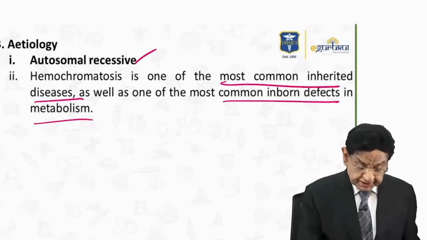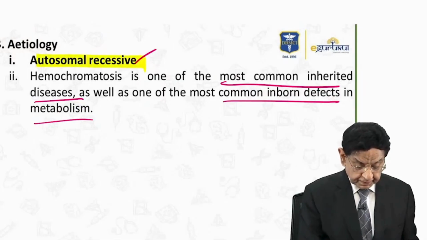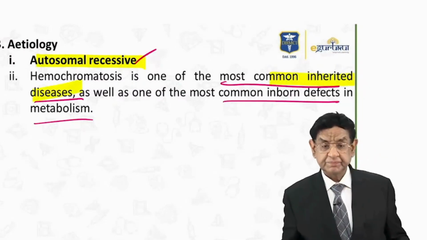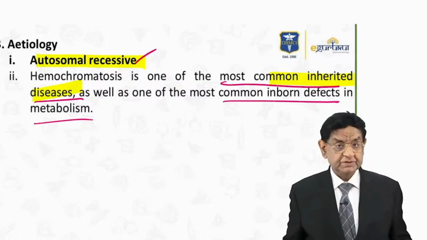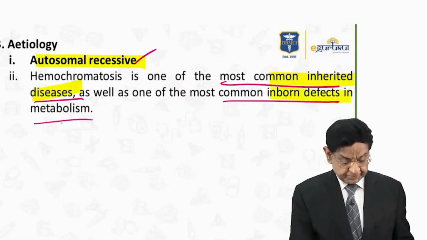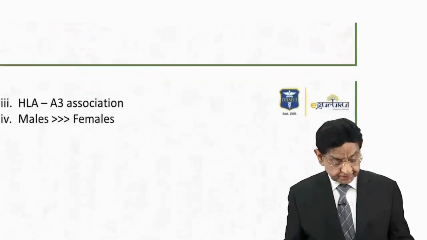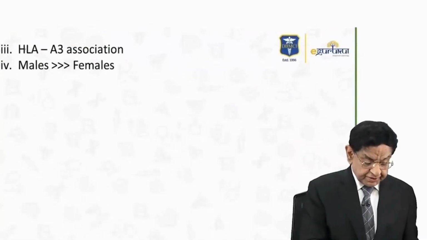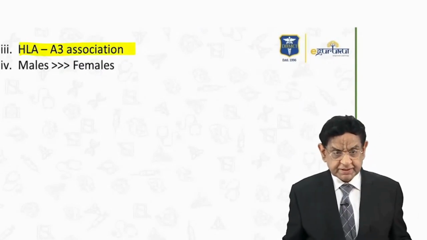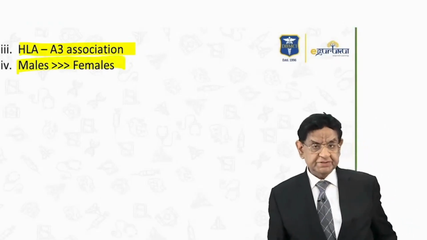So the keywords are autosomal recessive, most common inherited disease, and of course most common among the inborn errors of metabolism. So there are 3 keywords in this particular slide. HLA-A3 association is there, but what is more important is that it is much more common in males as compared to females.